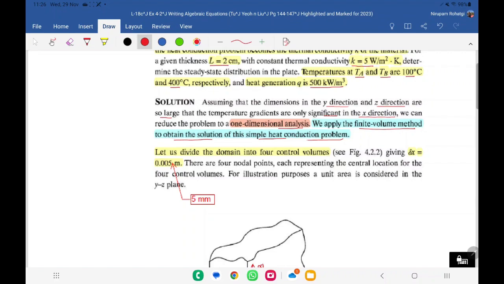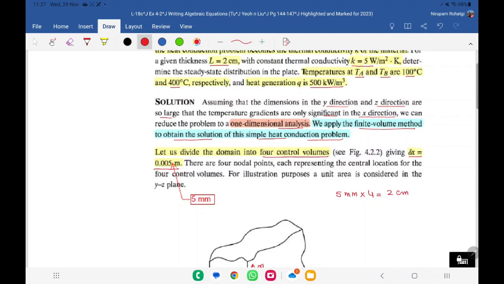Okay, so how do we go about doing it? Let us divide the domain into 4 control volumes. You can divide into 10 also, 20 also, as you wish, depending upon the accuracy. Here we are doing just to show how it is done. Delta x is the width of each element. It is equal to 5 mm. So you have 5 mm into 4 elements, you get 2 centimeter.